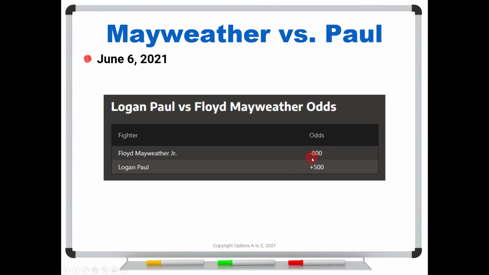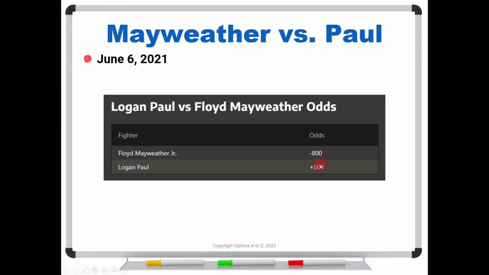And these numbers are always per $100 bet. So what this means is that you have to spend 800, that's money going out, in order to win 100. Now, if you look at Logan Paul, it has a plus sign. That means that's $500 coming in, assuming you bet 100. Now, of course, most places don't require that you actually bet these amounts, but they must be in these proportions. That's the way the payoffs would be.